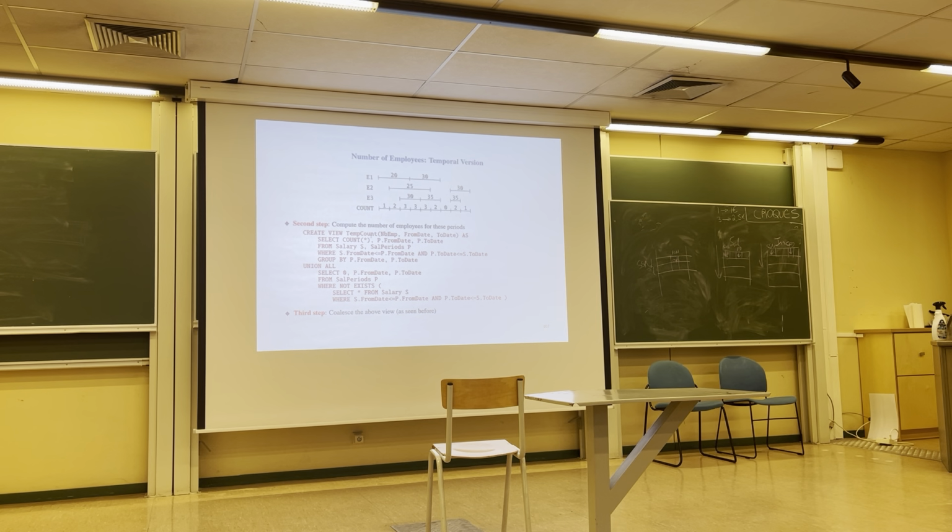The basic idea is that we need to do the same, except that we need to put a 0 during this period, since in this period I don't have any salary that overlaps this period. So this is the easiest case. Now let's go here.